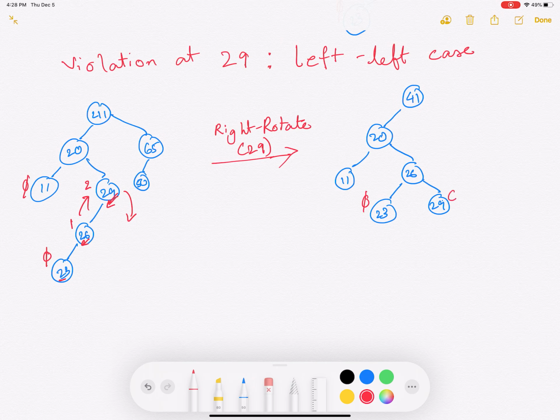This is a 0, this is 0, this is also 0. 26 has a height of 1 and it's balanced. 20 will have a height of 2 and it's balanced. It's not balanced, it's just singly right heavy.